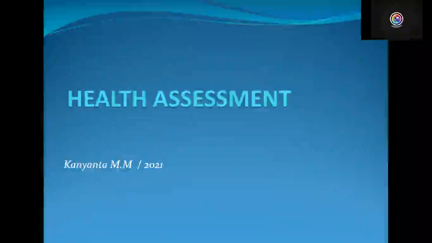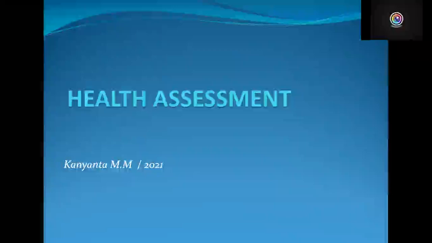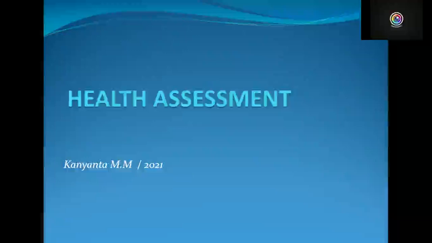For those studying adult medical nursing, the quota students, I believe you learned health assessment when you were studying fundamentals of nursing. And for the adult medical surgical nursing group, you have covered this topic in your prior learning at diploma level. So I believe this is some sort of revision for each of the two groups. So let us go into the details of this particular lesson.